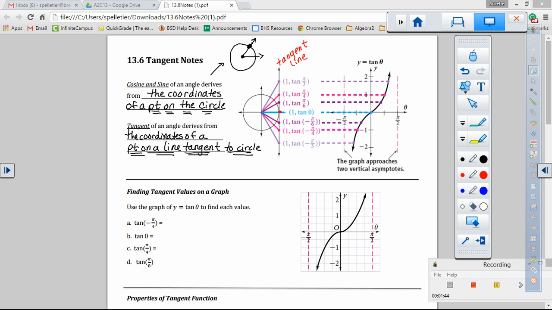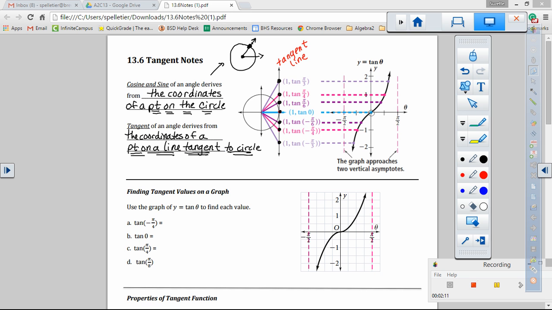So one's to the point on the circle, and these are to the points that are on the tangent line. So the distance from the center of the circle to the point on the tangent line. Very, very different, okay?